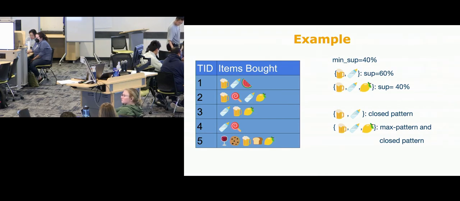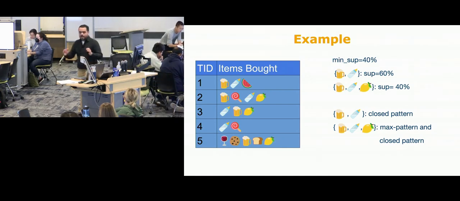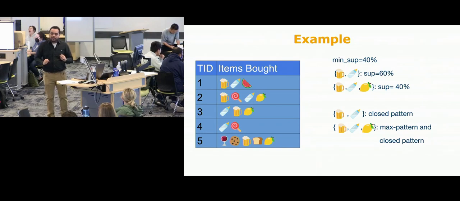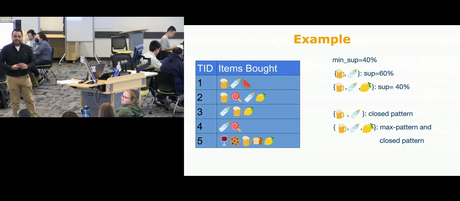And it's a max pattern because there is no superset of milk, beer, and lemon that is also frequent. So it's both max and closed. So let's see why milk and beer is not a max pattern. Can anyone explain why milk and beer is only a closed pattern but not a max pattern?